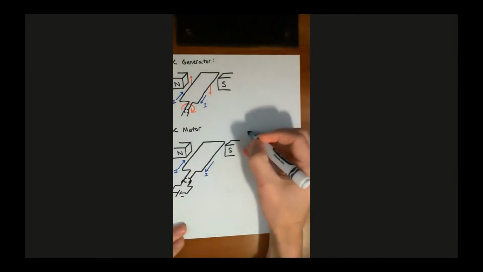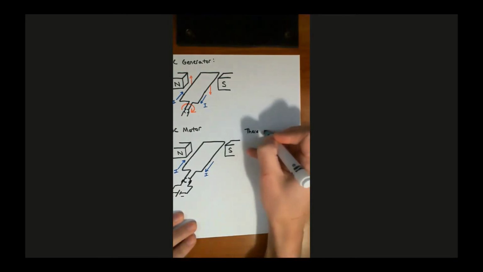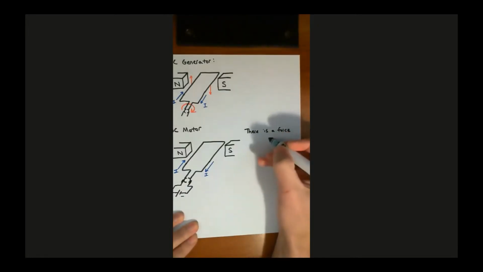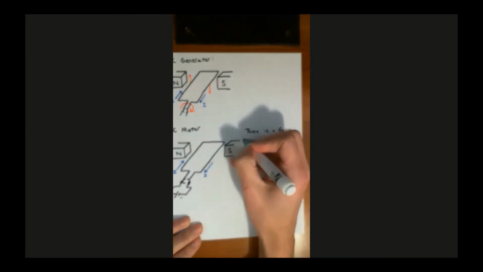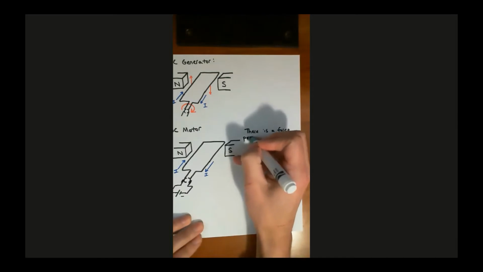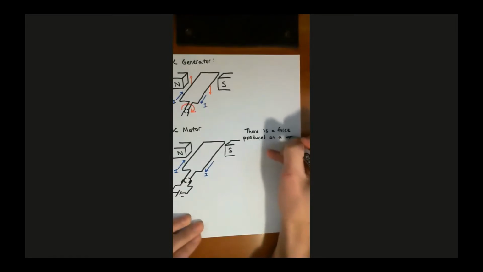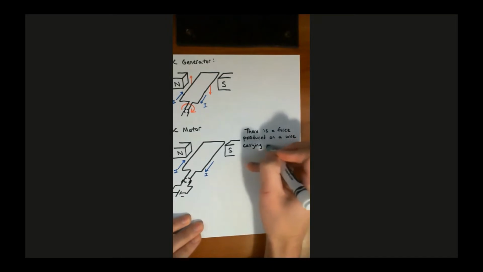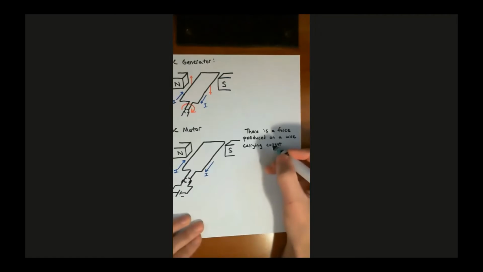There is a force produced on a wire carrying current inside a magnetic field.